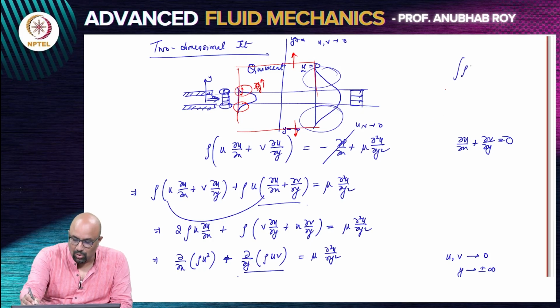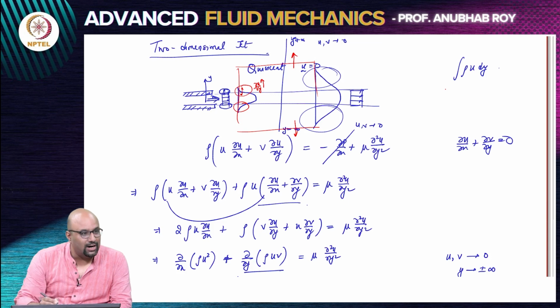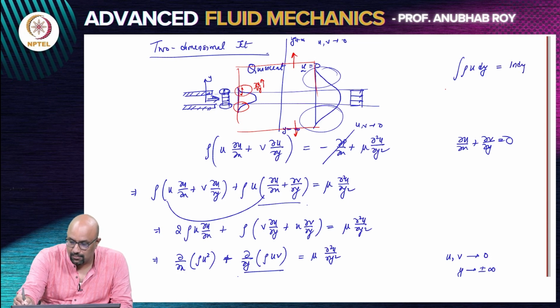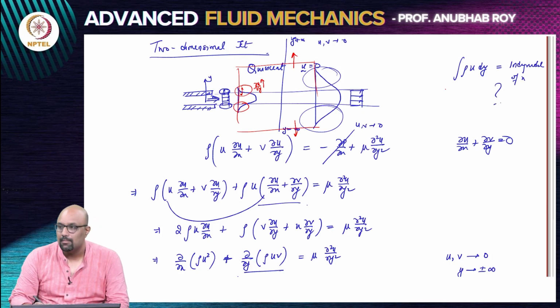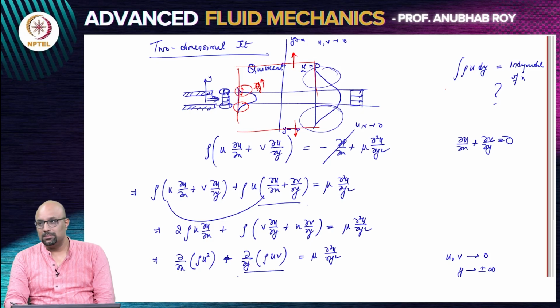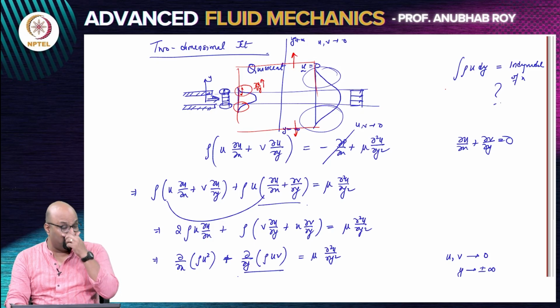Will rho u dy be independent of x? What do you think? Rho u square dy is independent of x. The amount of momentum flux is conserved at every x location. What about rho u dy? It will be dependent on x.